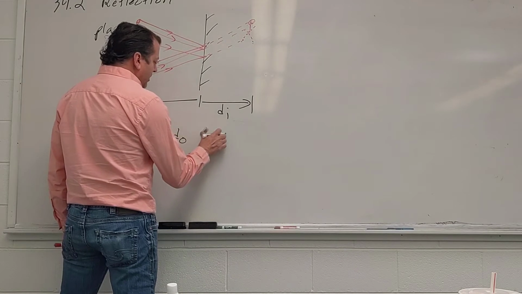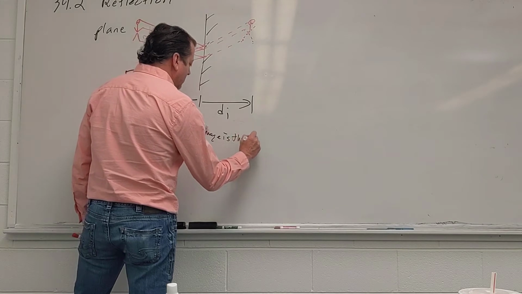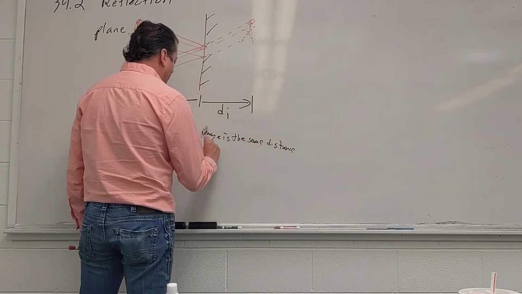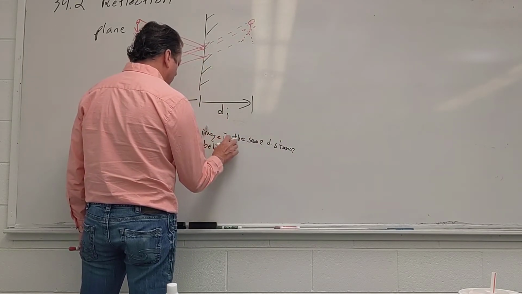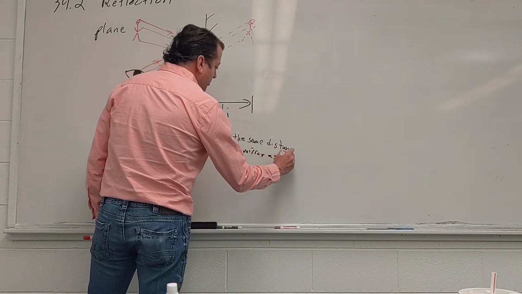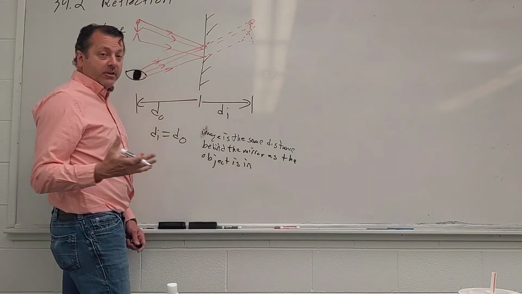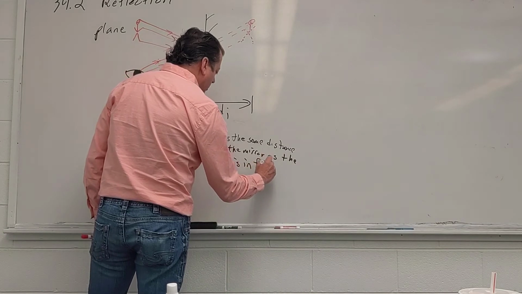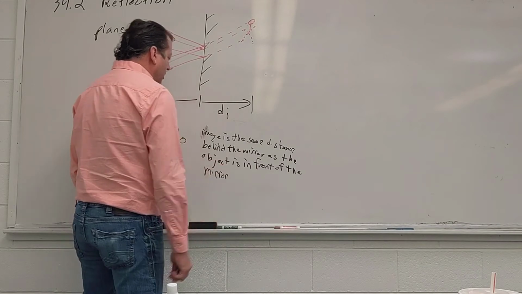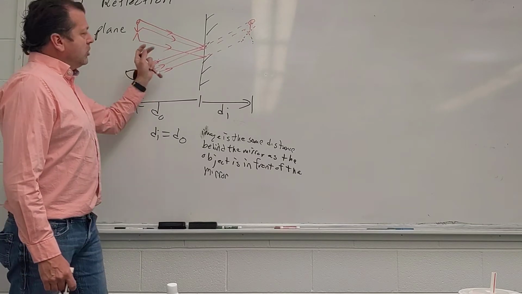Or we can say that the image is the same distance behind the mirror as the object is in front of the mirror. So if she's 10 feet in front of the mirror, she looks like she's 10 feet behind the mirror.